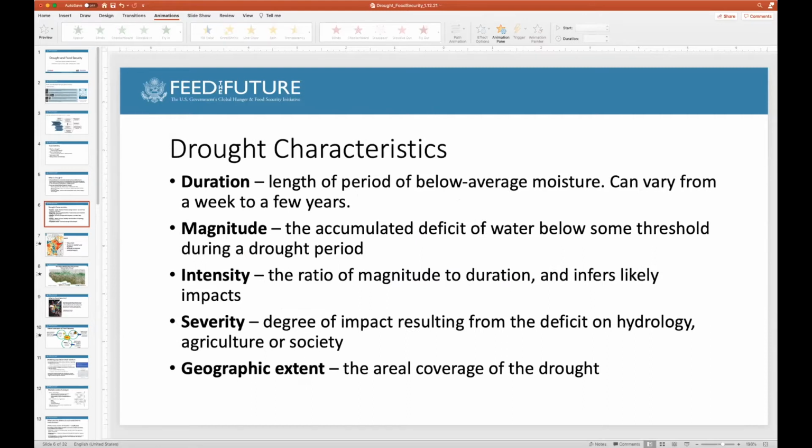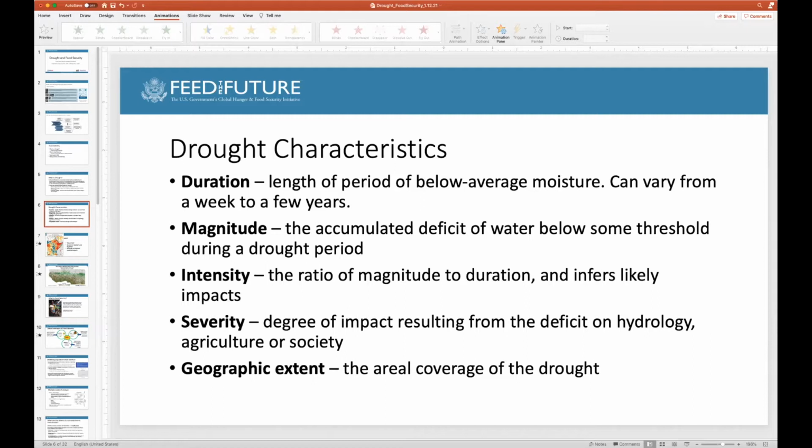So the drought characteristics include the duration, as I mentioned before, that can vary from a week to a few years, the magnitude of this below average period, the intensity. So we could have a very high temperature, very low precipitation, which then affects the impact of the drought, the severity.